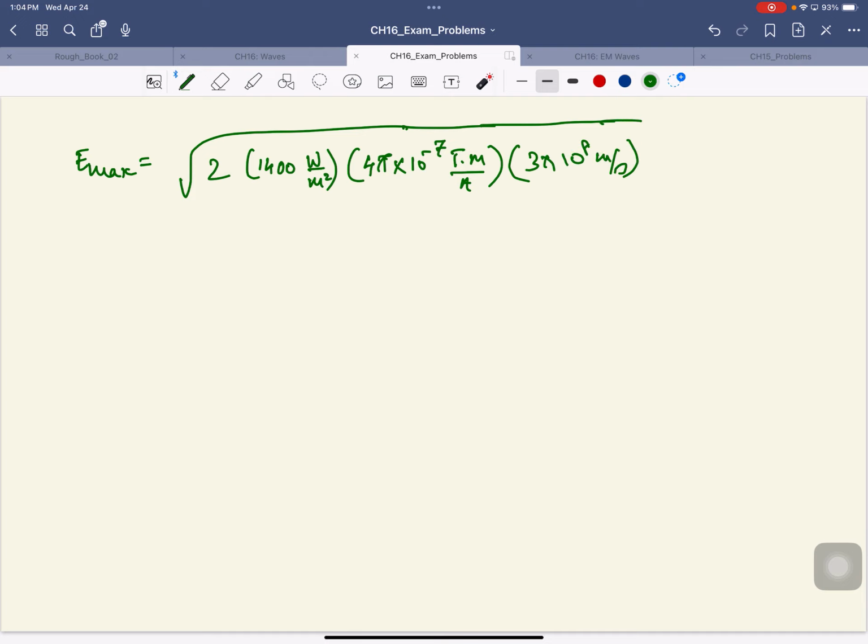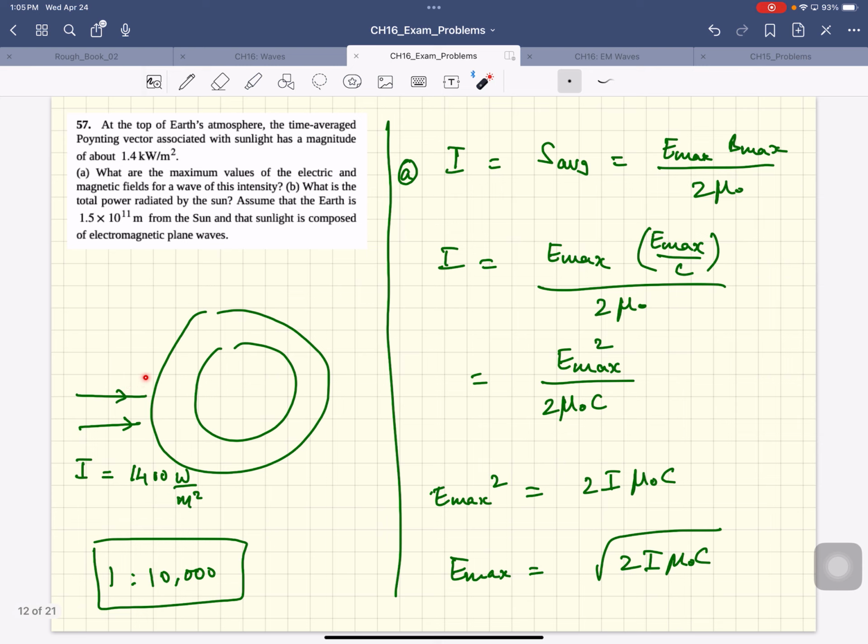So what is this that we are finding? We are finding the amplitude of the electric field in sunlight at the top of the atmosphere. Okay? So that's what we're finding.